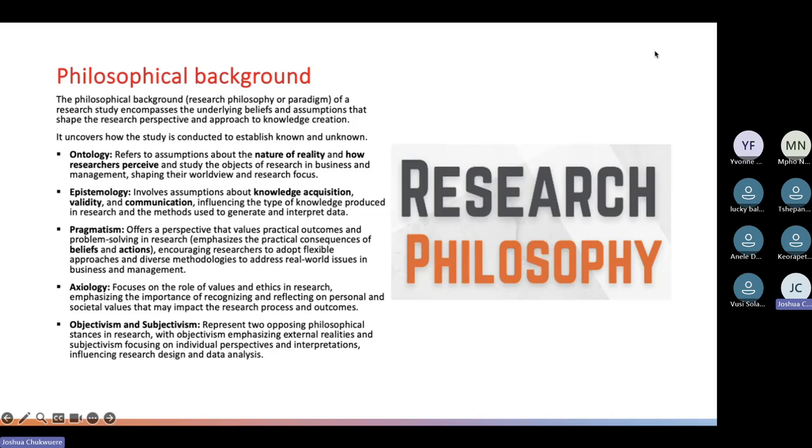So as a researcher, when you are trying to understand people's nature of reality, whether in business or whatever, understand that you are simply going to look at the research from the ontological viewpoint. What about epistemology, which also involves knowledge acquisition, and then being able to validate, which influences the type of knowledge produced in the research and the method used to generate that very knowledge.